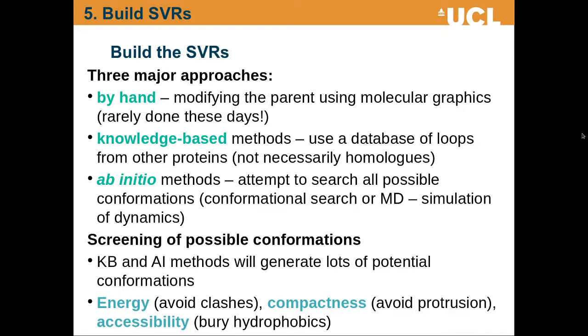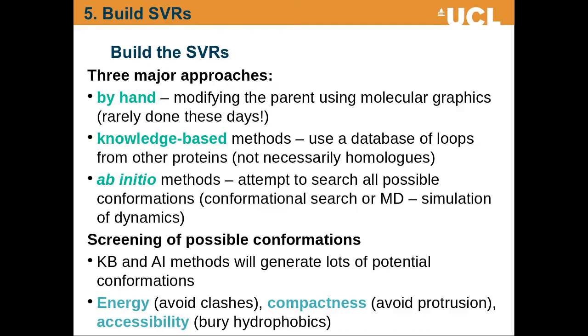Secondly, you can use knowledge-based methods. In other words, you use a database of loop structures collected from other proteins, and these most likely will not be homologs. However, in order to search that database, you use factors such as the geometry of how the loop attaches onto the structurally conserved regions.